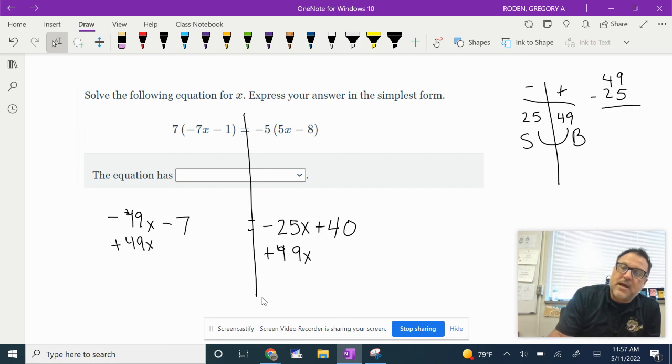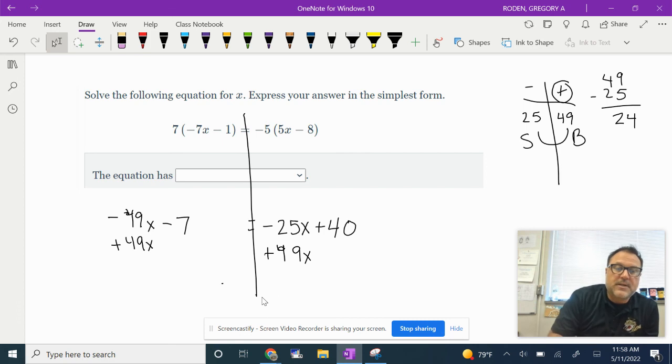And I do the math. Well, 9 minus 5, what's that? 9 minus 5 is 4, I believe, right? And then 4 minus 2 is 2, right? Now it's going to be a positive 24 because 49 was bigger than 25. So what do we have here?